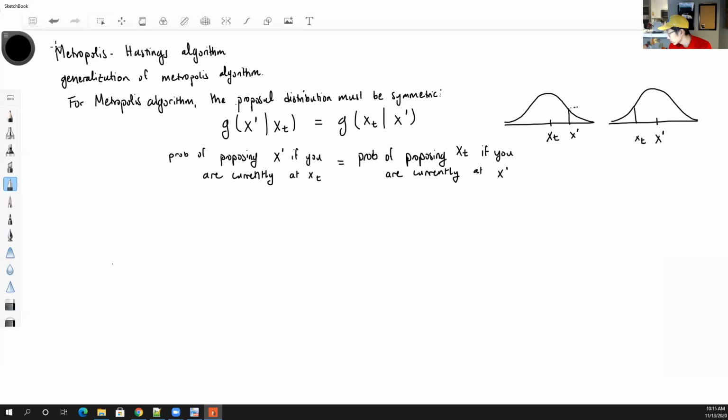So these two values are equal. If you're at xt, proposing x prime is going to be equal to if you're at x prime proposing xt, right? So those probabilities are equal, because it's symmetric. Okay. Metropolis Hastings relaxes that requirement. It does not require these two values to be equal.